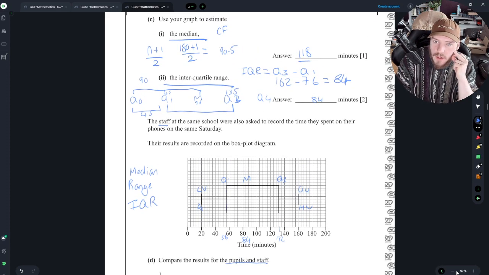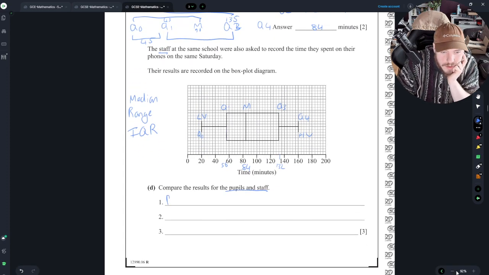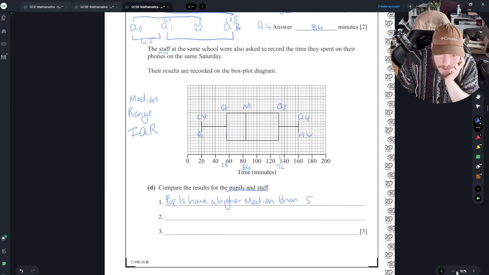Pupils spend 118 minutes, staff only spend 87 minutes. So pupils have a higher median than staff.